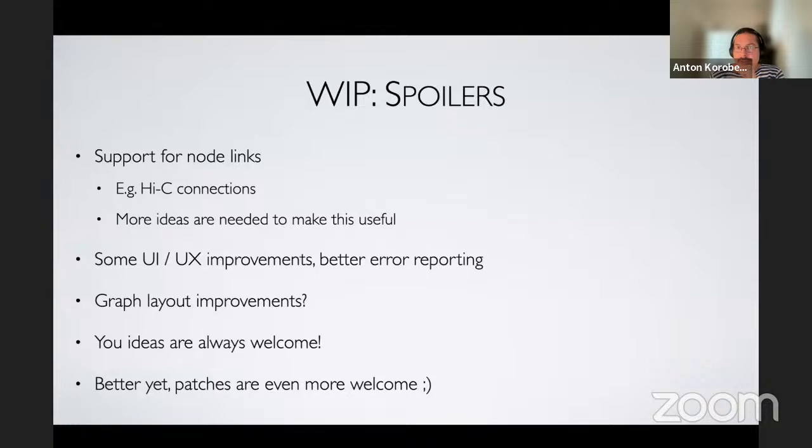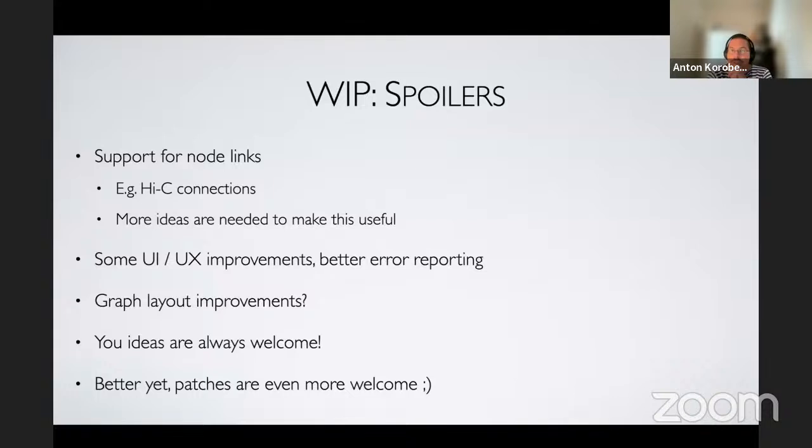There are a few things that are currently, I would say, work in progress. So here's a spoiler, or teaser. First of all, there are some ideas how we can support additional node links. So think about Hi-C or Telseq connections.